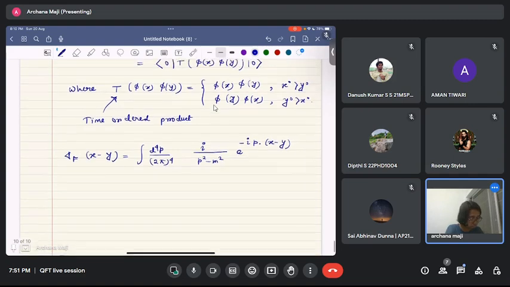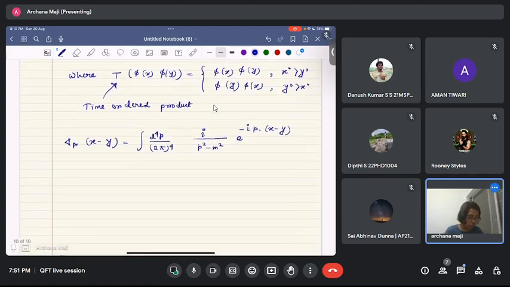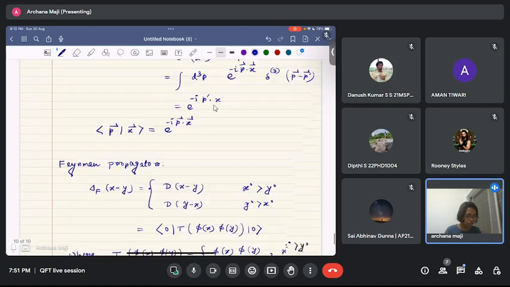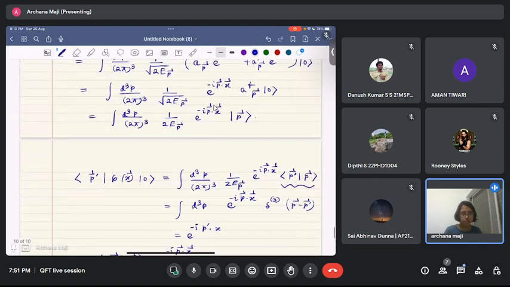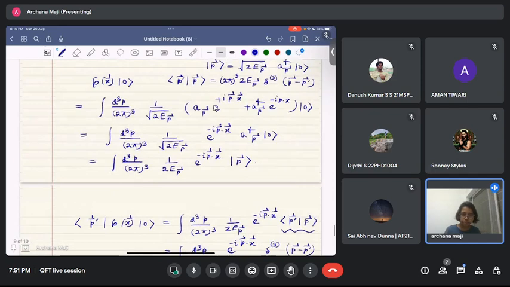Now note one thing, that we are writing d4p instead of d3p now. So far, whatever momentum integration we had been writing, it was d3p everywhere, even in the Heisenberg picture.